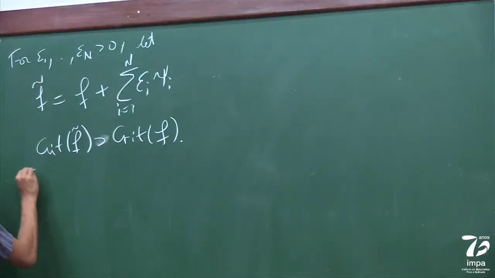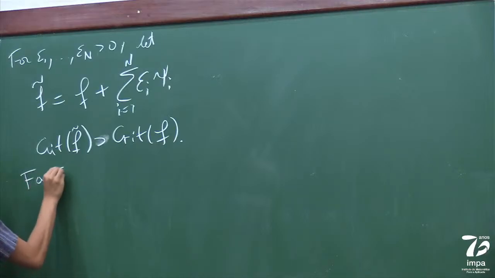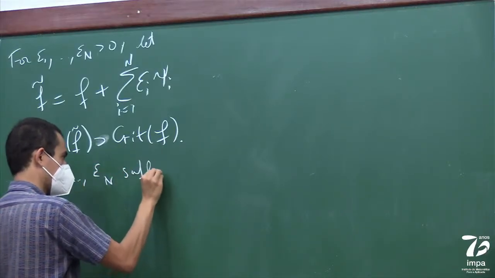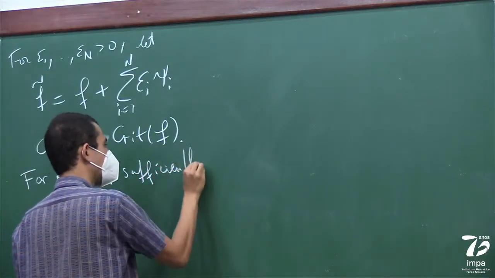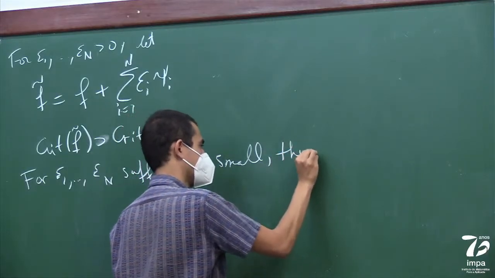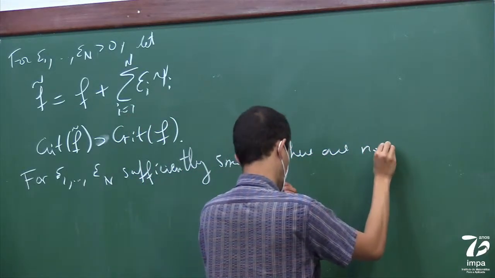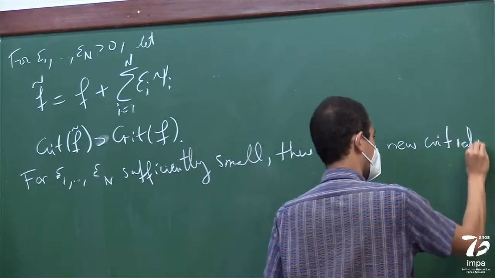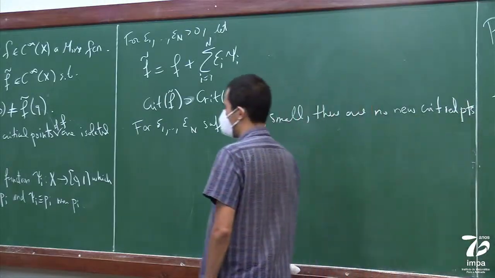Okay, so we can choose epsilon 1 through epsilon n sufficiently small, so there are no new critical points. So we get what we wanted.